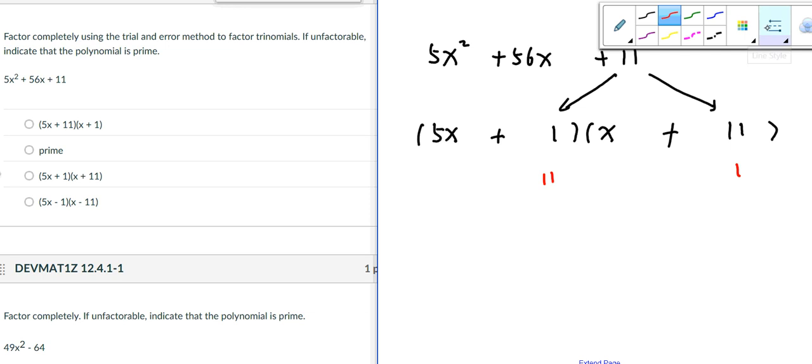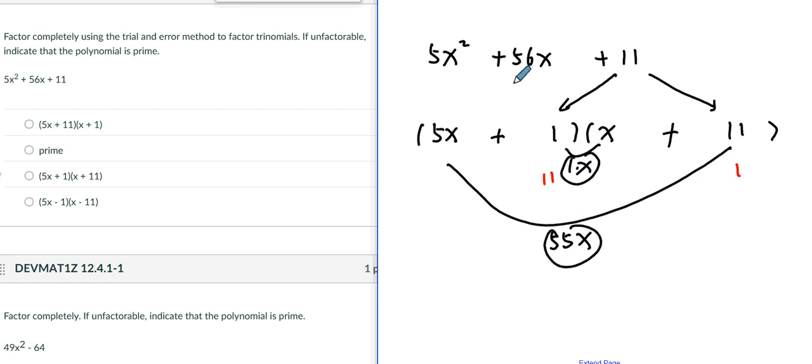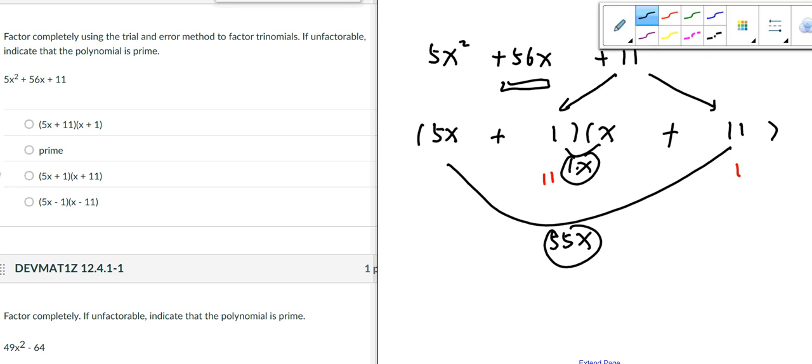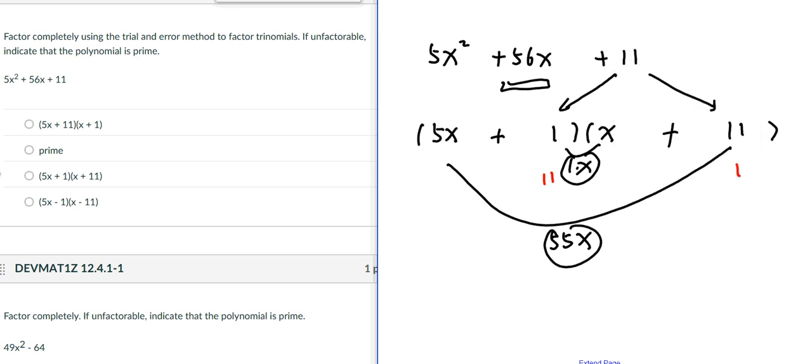You want to check the inner product is 1x, outer product is 55x. Together, you have 56x. This is correct. So then, the correct choice for us to do is 5x plus 1, x plus 11.